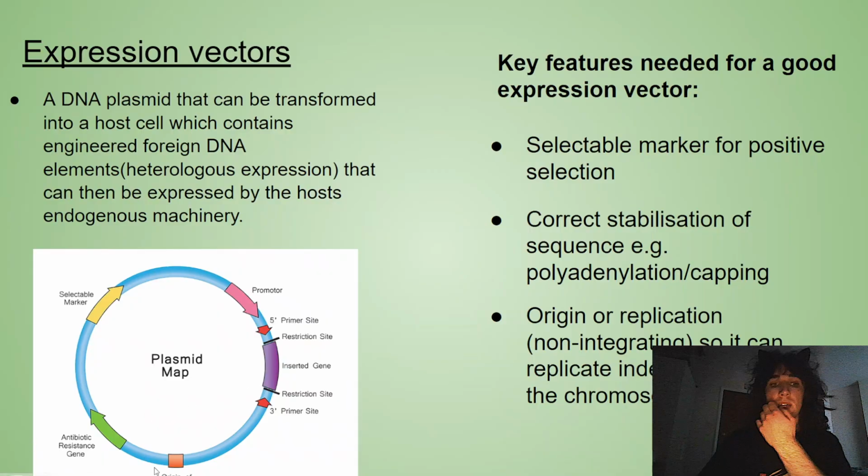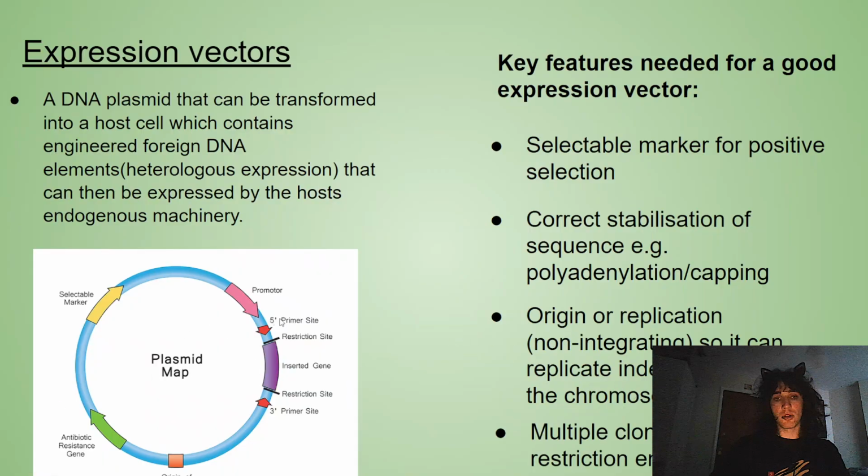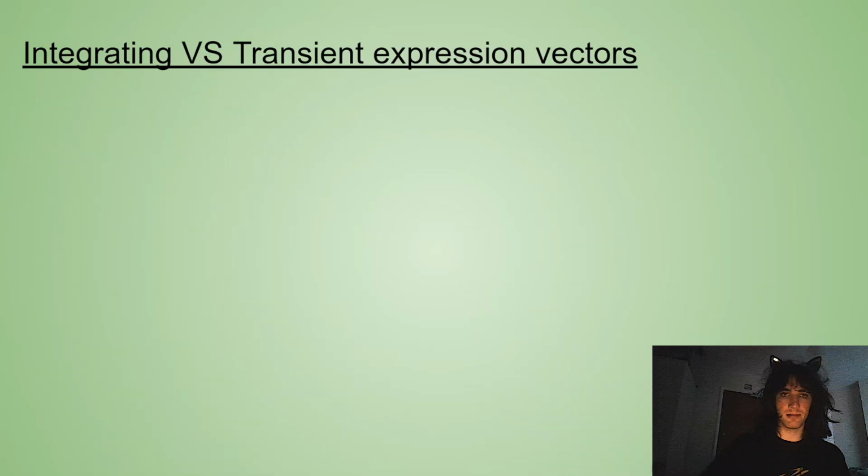And ORI-C, right? If it's non-integrating, so it can replicate independently of the chromosome. And a multiple cloning site. This is for when you use restriction enzyme cloning, which is kind of a dated method. There's another method that we'll go over soon that uses homologous recombination events.